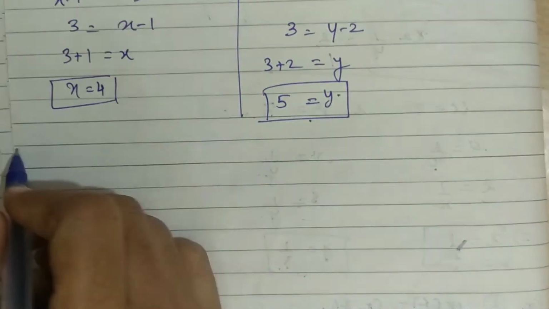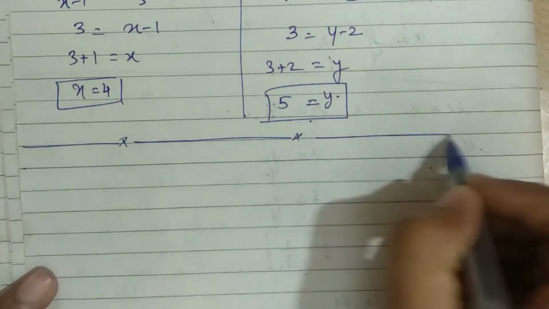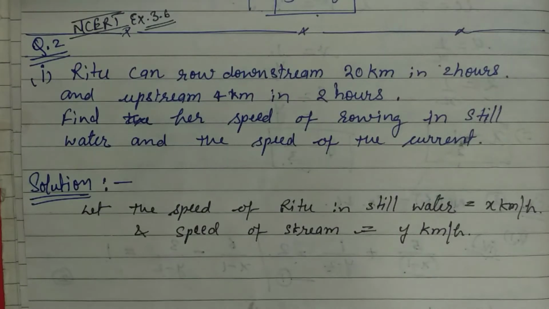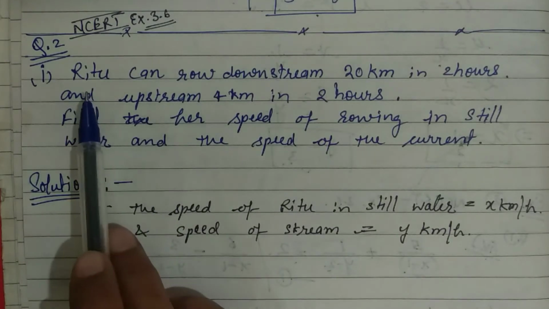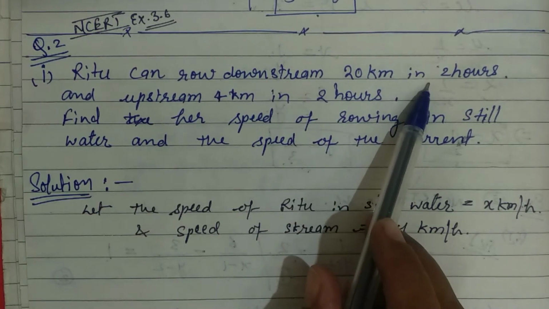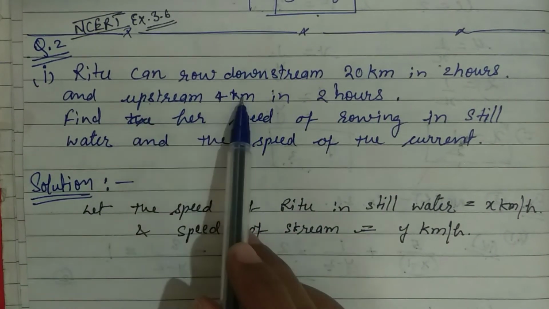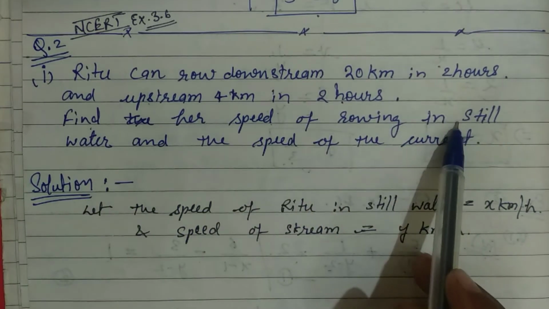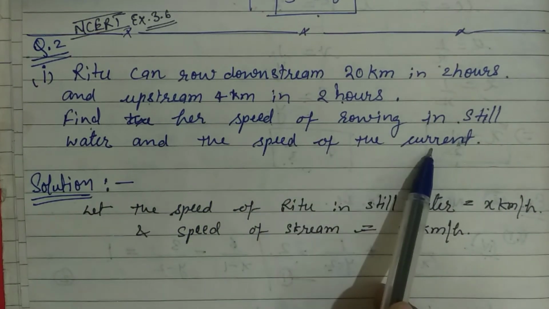Now let's see another example, an NCERT word problem. Ritu can row downstream 20 kilometers in 2 hours and upstream 4 kilometers in 2 hours. Find her speed of rowing in still water and the speed of current.